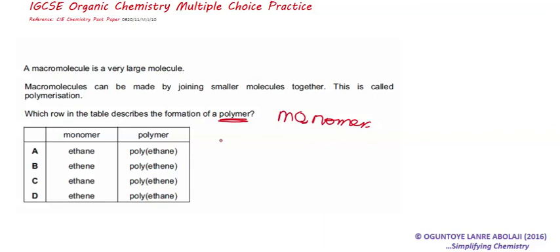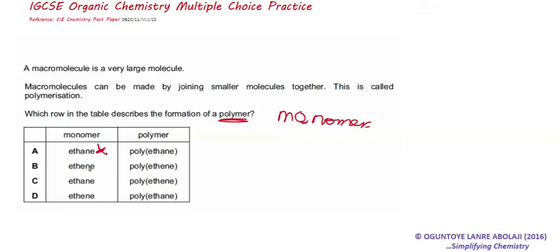Looking at the options, A: if the monomer is ethane, the polymer polyethane, actually ethane doesn't polymerize. Alkanes don't undergo polymerization. So this is absolutely wrong.